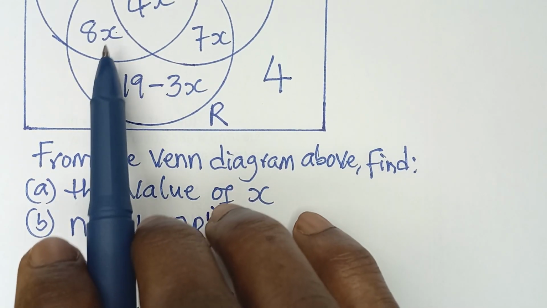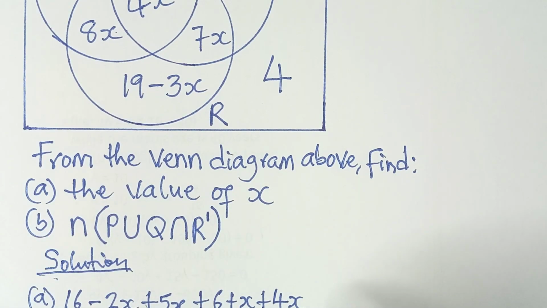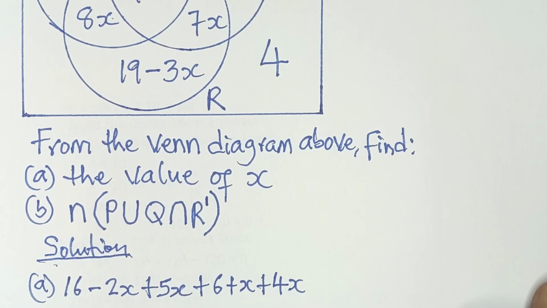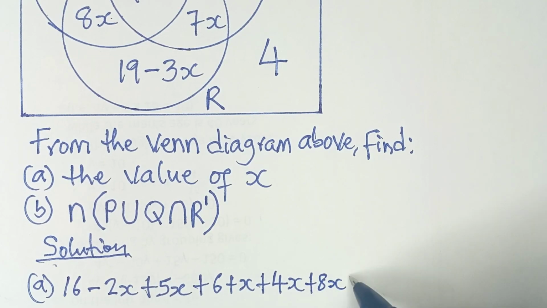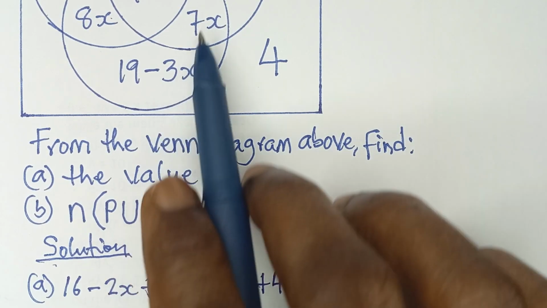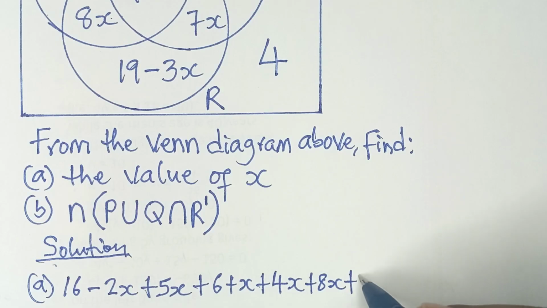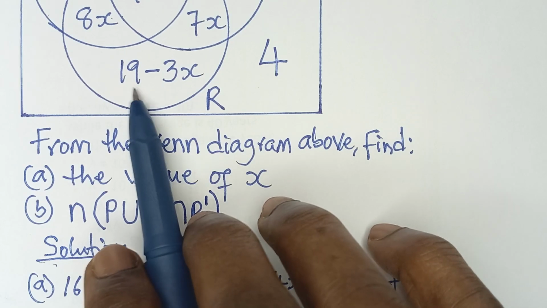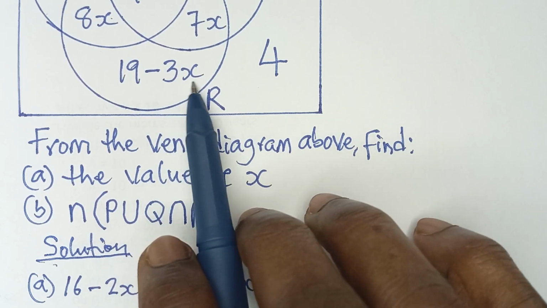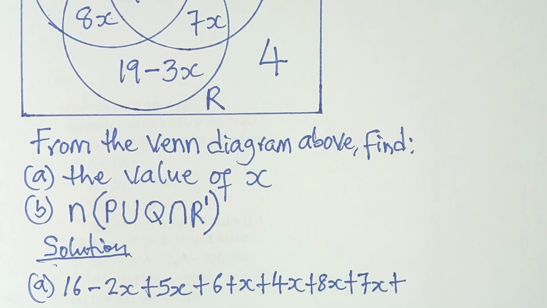We have 8x, so plus 8x, and then plus 7x, and then also plus 19 minus 3x.